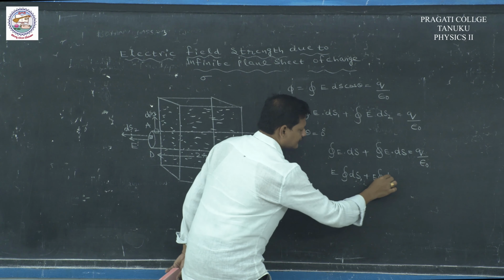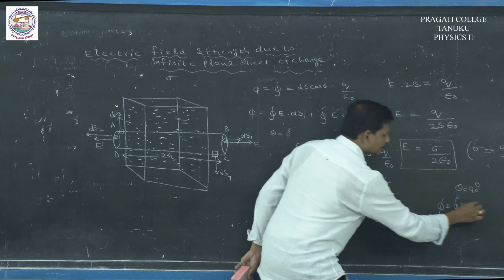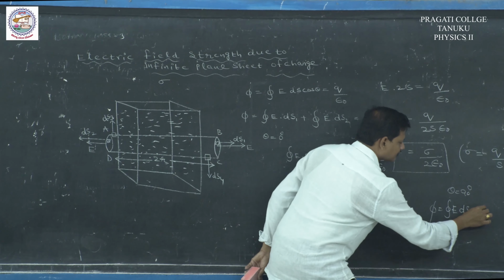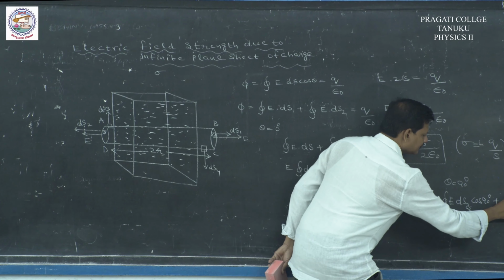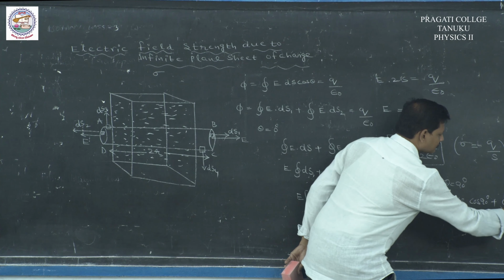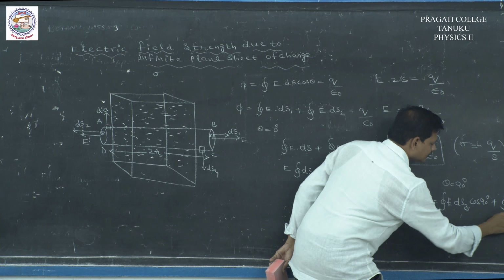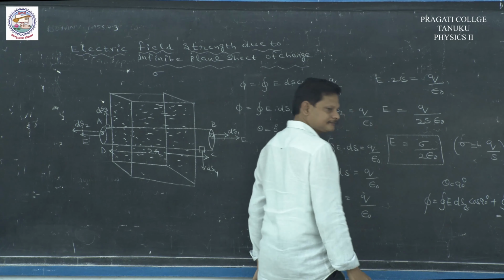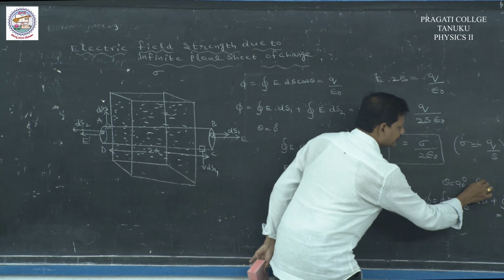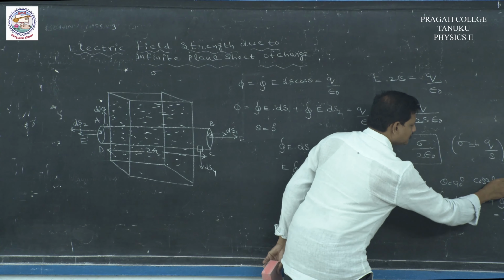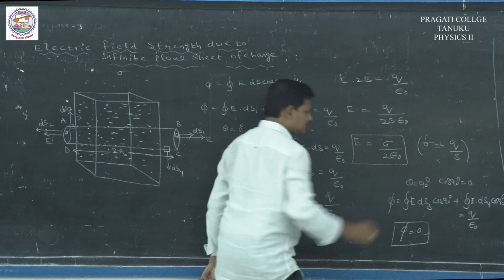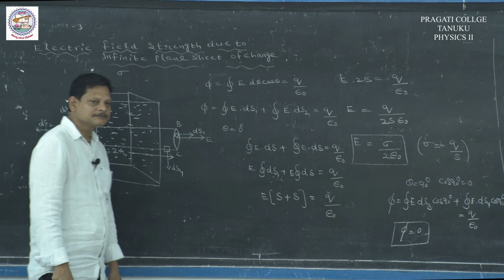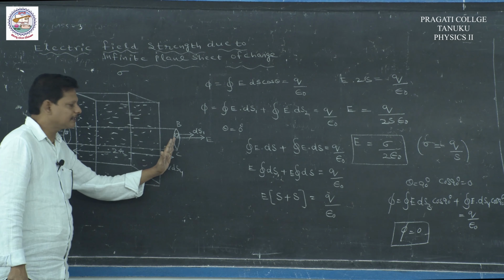So, phi is integral E ds3 cos 90 plus integral E ds4 cos 90 equals q by epsilon naught. Cos 90 is 0, so the flux through the curved surface is 0. So, the flux through the flat surfaces is maximum.